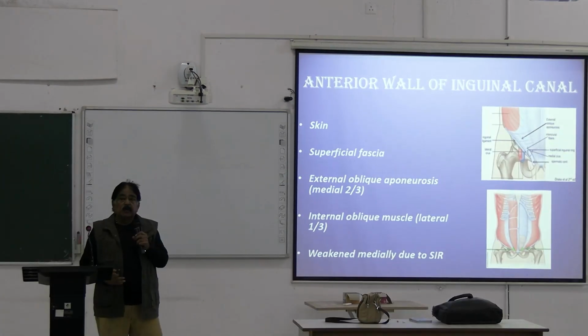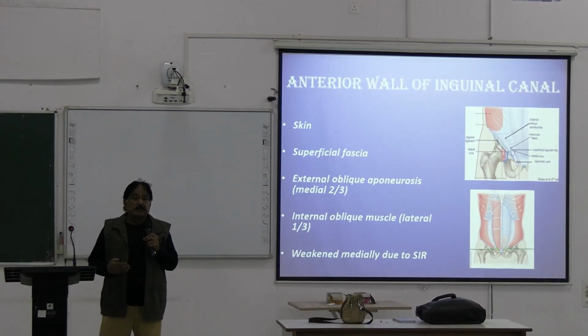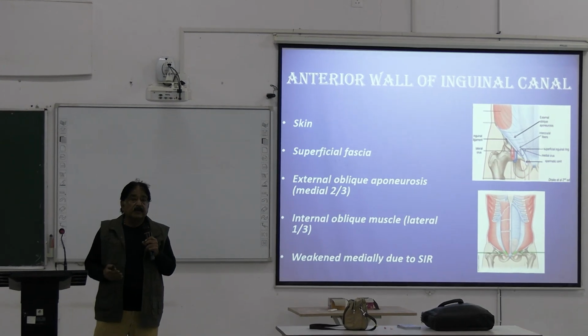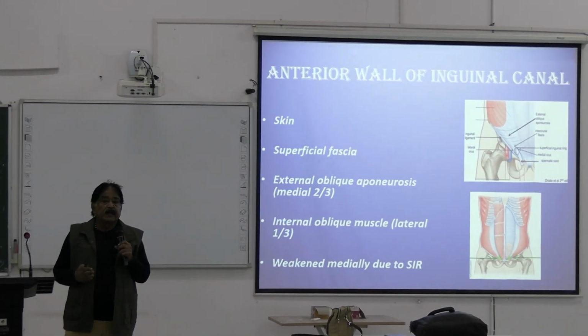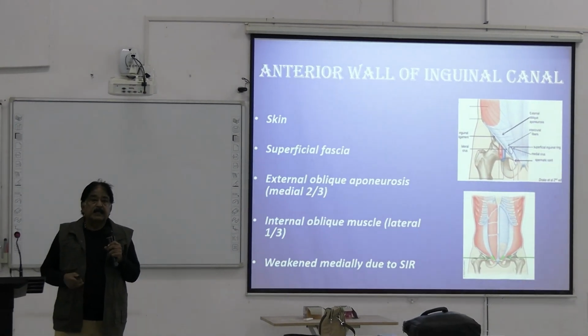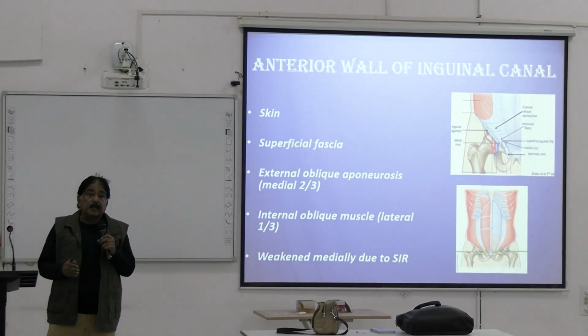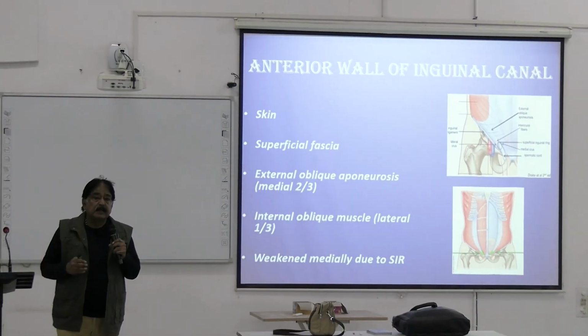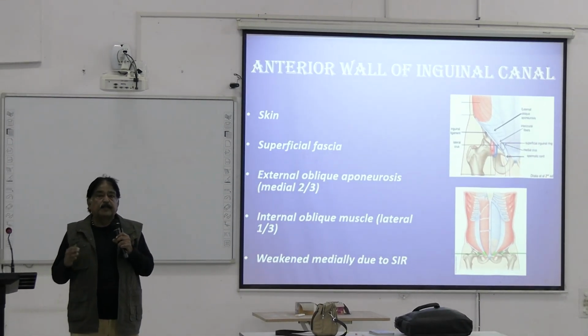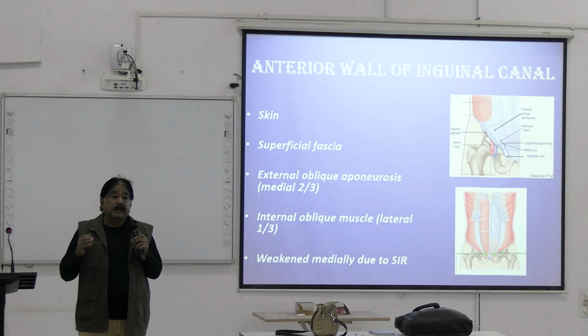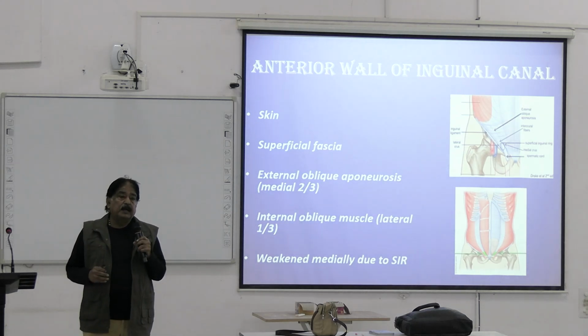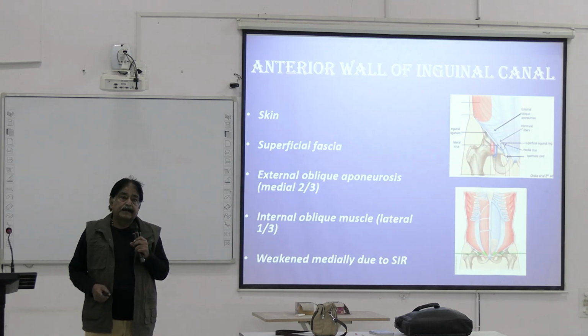And due to the evolution of erect posture, which I have been telling you earlier, the elephant or a hippopotamus or large animals, a big bull, they don't usually have hernias.